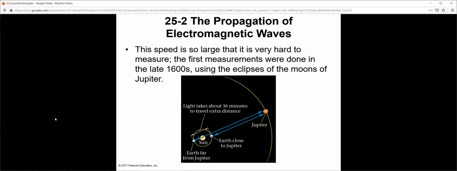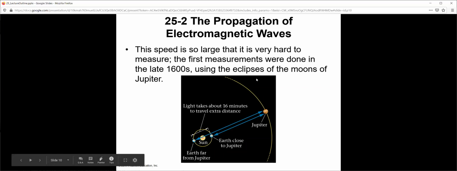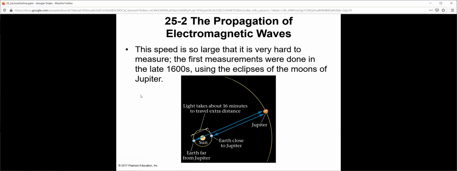The speed of light is stupidly big, right? 3e8 is a massive speed. The first measurements were done in the late 1600s using the eclipses of the moons of Jupiter as a way to understand the speed of light.